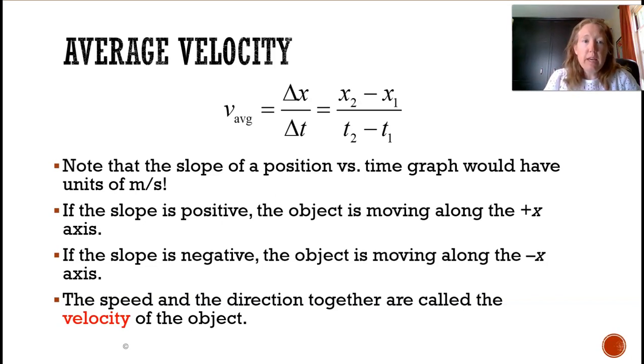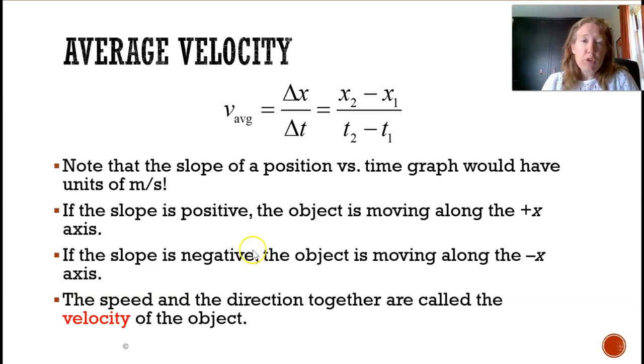And if you take the slope, the magnitude of the slope, along with the sign, what you get is velocity, because the sign is telling you direction. Okay, and we know that speed and direction together are called velocity. If you just have the magnitude, the number alone, you would have that in meters per second.